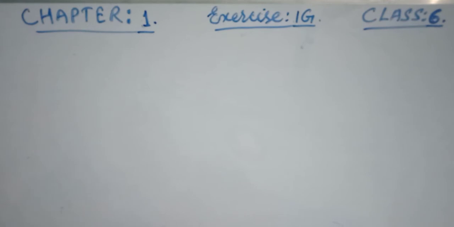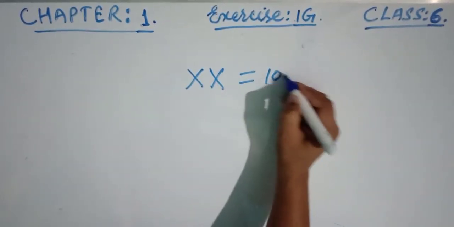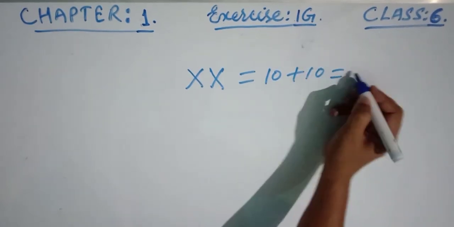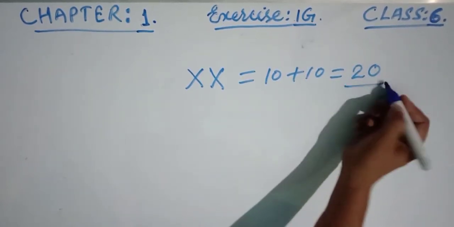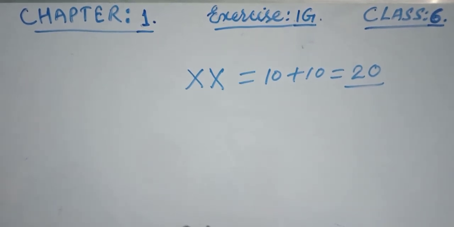And there are some rules friends. Repetition of Roman numerals means the addition of their values. Suppose X is repeated, that means 10 plus 10, this equals 20. So repetition of Roman numerals means addition of their values.